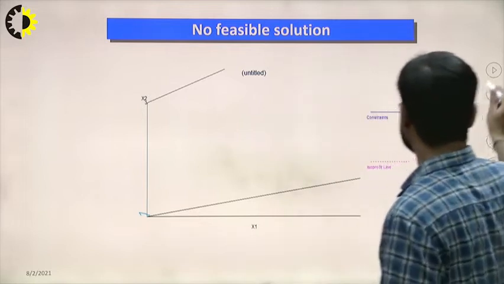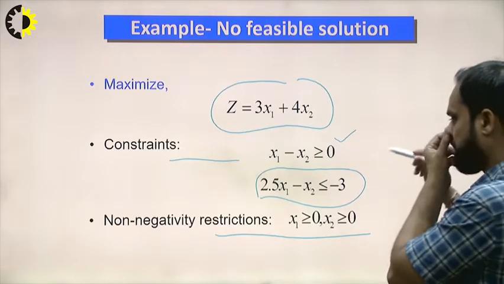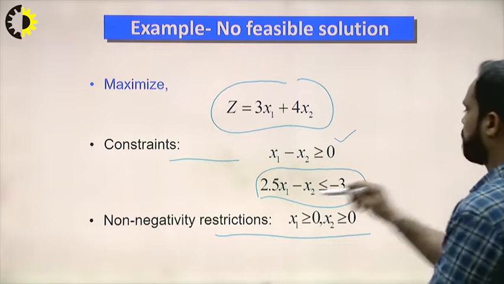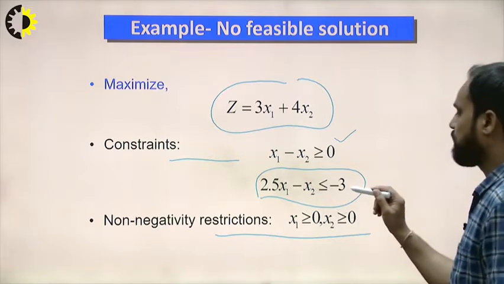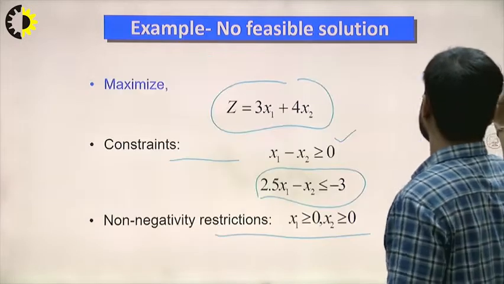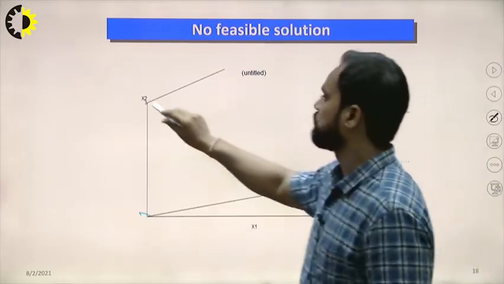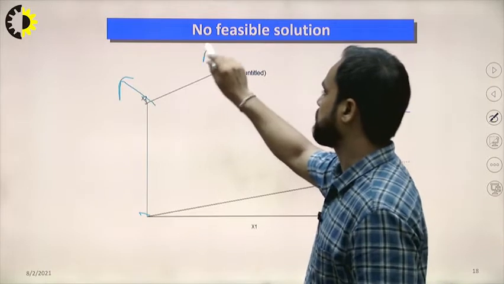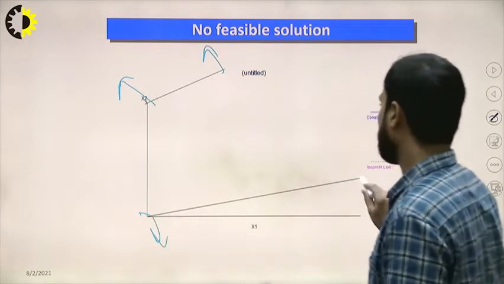In this equation, if I multiply both sides by a negative sign, this equation is again of greater than type, right? So with both equations of the greater than type, we are unable to find any solution.